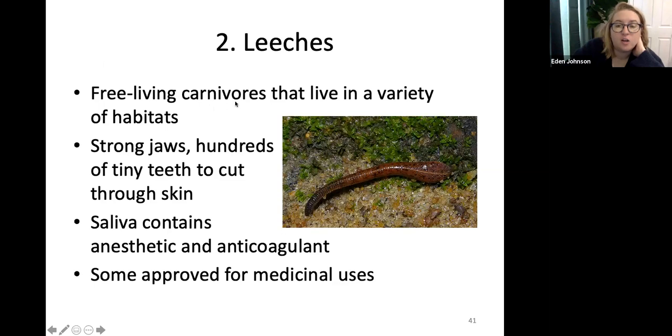Leeches: free-living carnivores that live in a variety of habitats, mostly marine or freshwater habitats. Strong jaws, hundreds of tiny teeth that will cut through skin, remember, because they're carnivores. And the way that they're able to do this, a lot of times by going undetected, is because their saliva, before or right after they have bitten, contains an anesthetic.